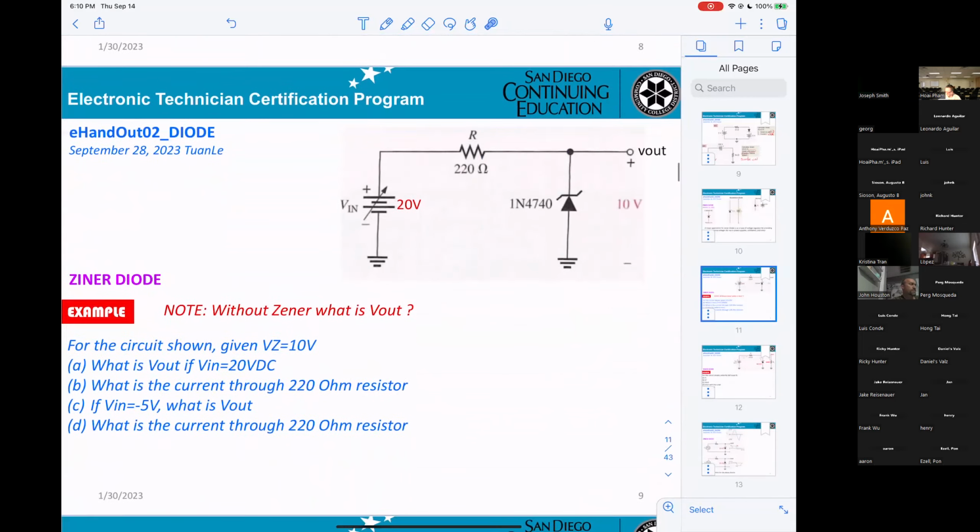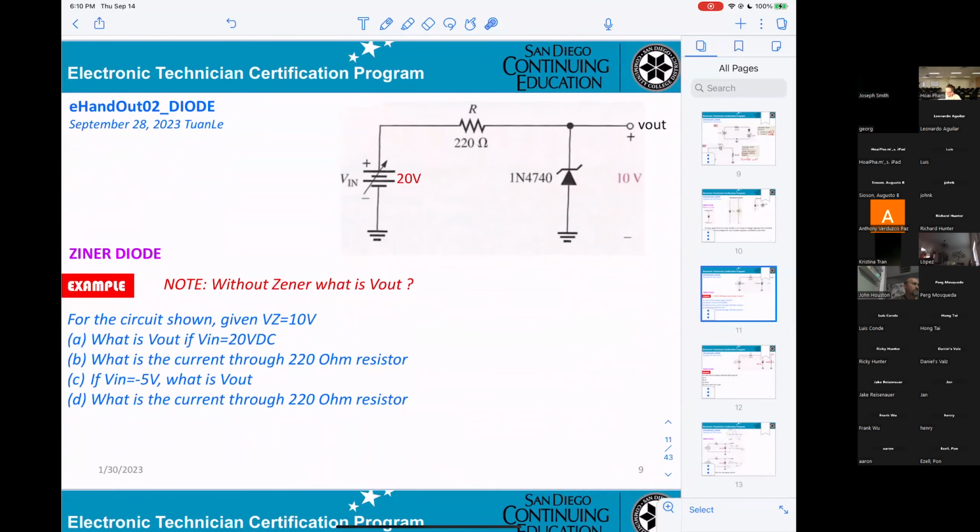Now, see this one here. You have 20 volts and that's a Zener. The Zener voltage will be 10 volt.